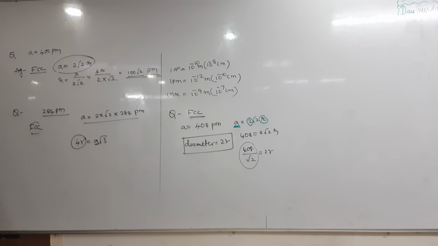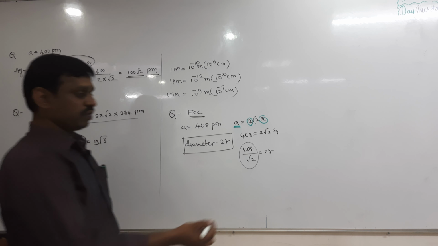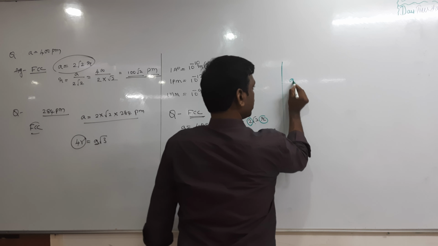If the distance of closest approach between the two atoms is 1.73 angstrom, the edge length of unit cell is? We need to calculate the edge length.